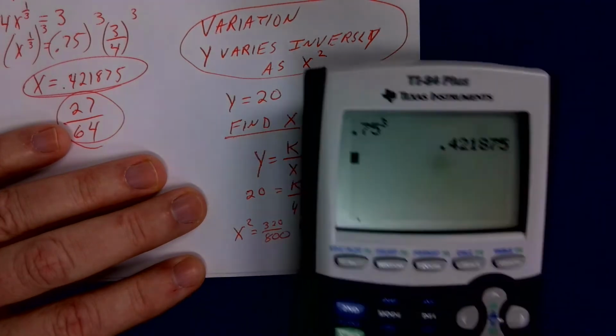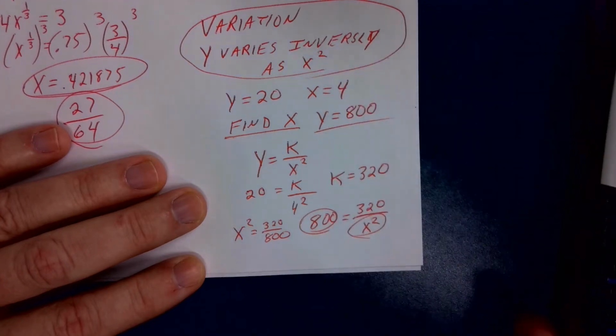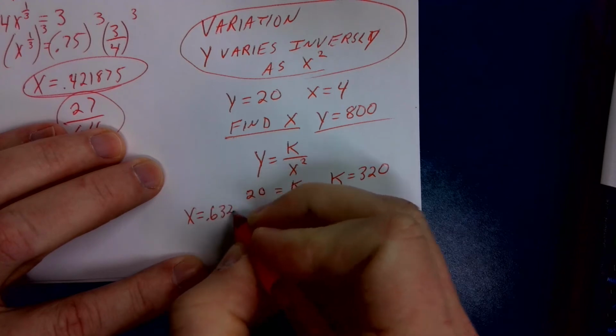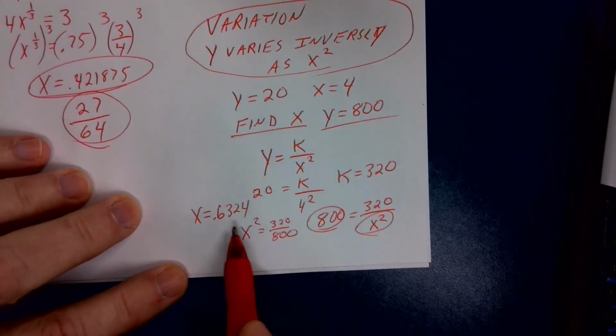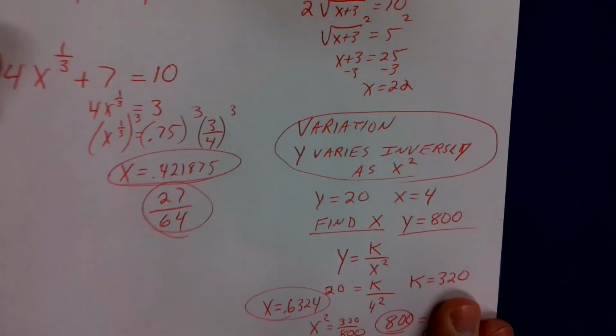And I pull out my handy dandy calculator and I do 320 divided by 800, enter. And I raise that to the 0.5 power, or the square root of that, and I find out that x equals 0.6324, and that's close enough for me for a problem like that. So that's a variation equation problem, and it could be direct or inverse.